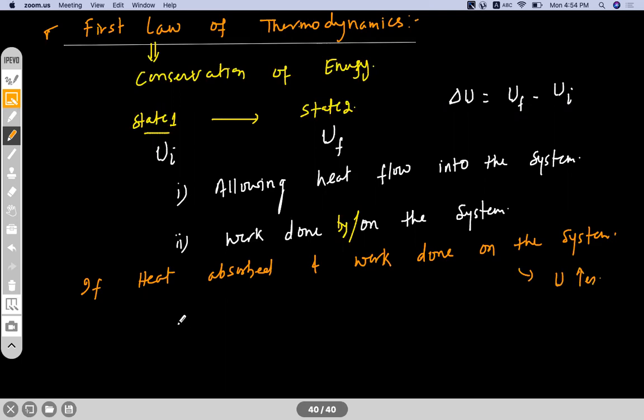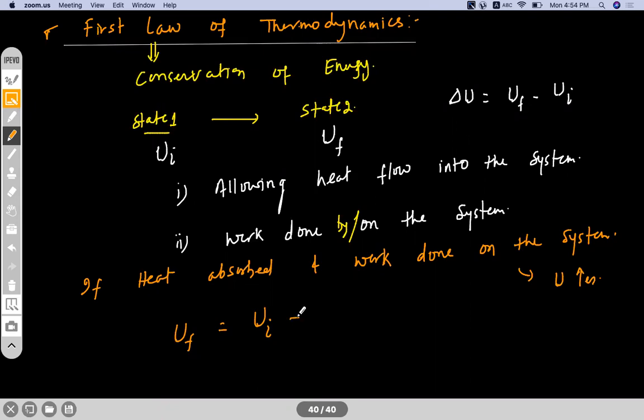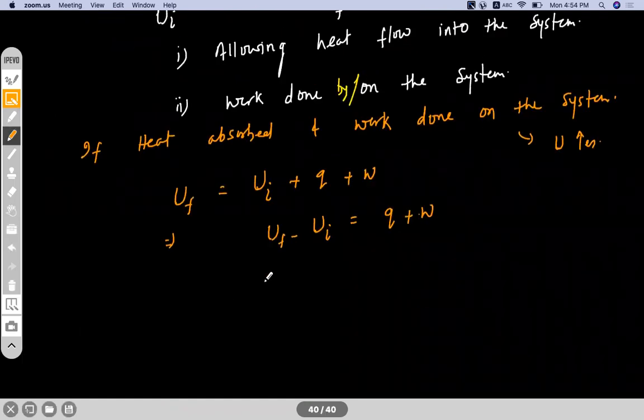So the final internal energy Uf is equal to the initial internal energy Ui plus q amount of heat absorbed and work done on the system, so plus w. So Uf minus Ui, delta U, is equal to q plus w, where w is the work done on the system. Always keep that in mind.